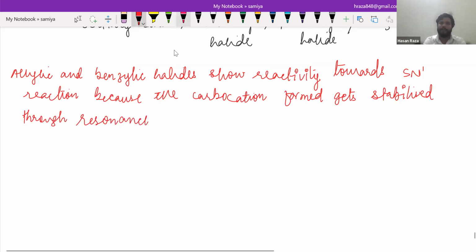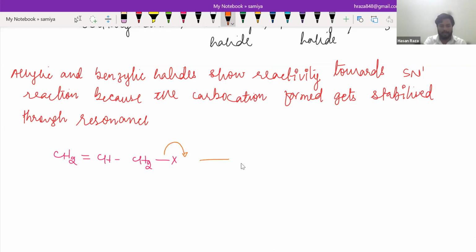If you have 3-degree carbocation or 2-degree carbocation, and if you have an allylic group like CH and then CH2, this will be more reactive. You know why? Because after taking electron from carbon, this allylic part will basically be CH2 double bond CH and then CH2 plus.